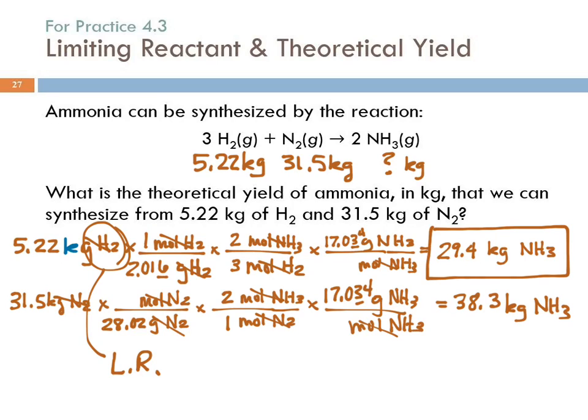Any questions? Yes? What if there's two products? That's a good question. Usually it will ask you about a specific one. So what's the theoretical yield of ammonia? It will specify which one you're interested in.